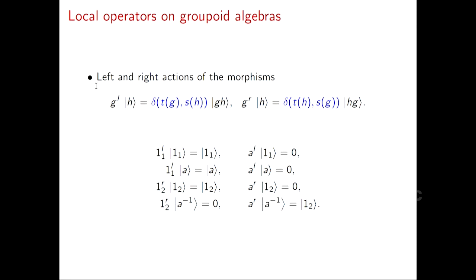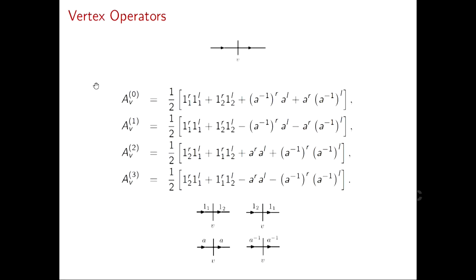However, in this case I will not always have a non-zero action, because I have to make sure that the target of this G is equal to the source of this H. Otherwise, I will get 0. So it is the difference between the group and the groupoid. Over here I've just given some examples which illustrate this fact, so I'm not going to go over them.